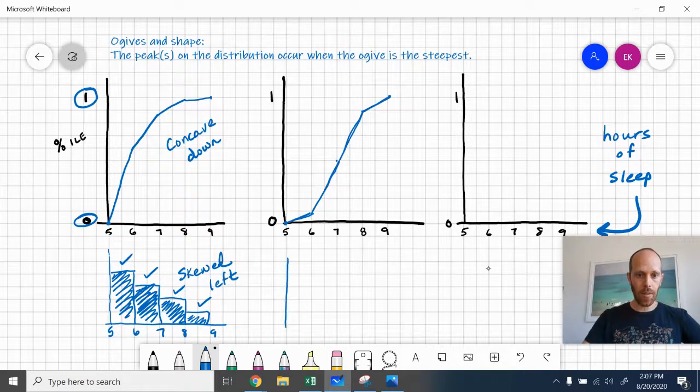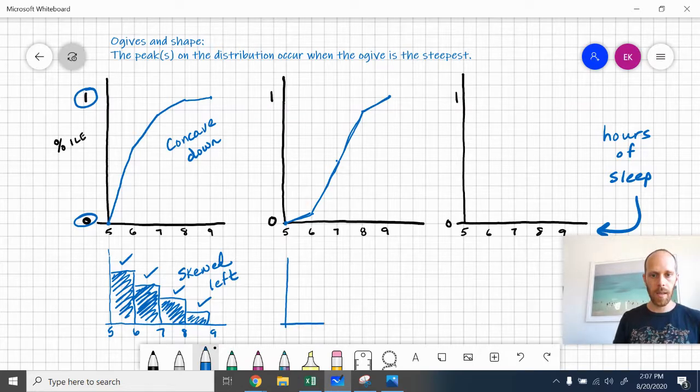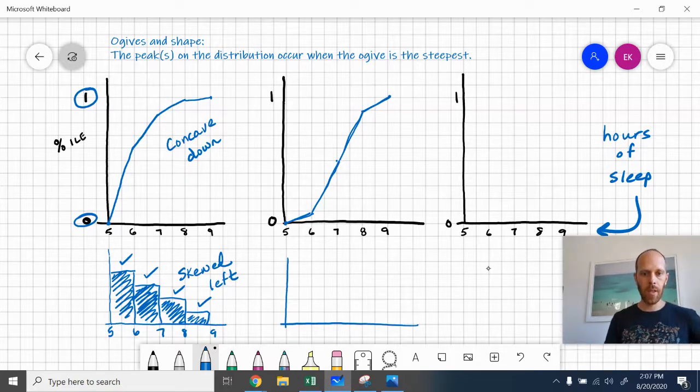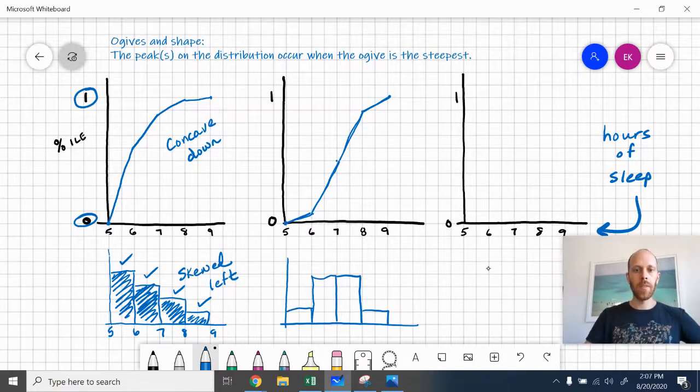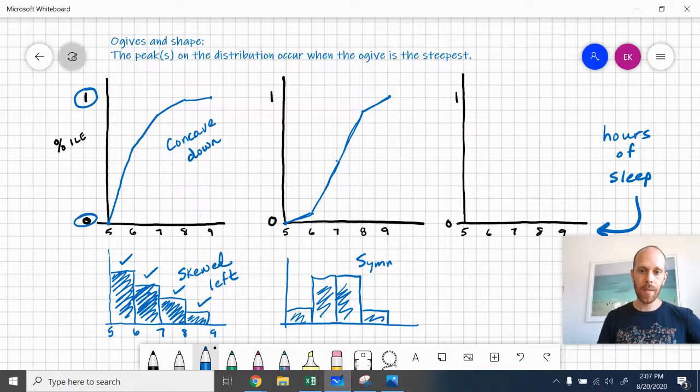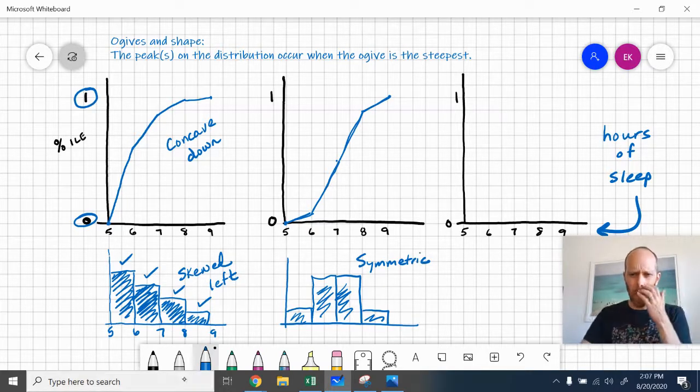Well, if you were asked to sketch a histogram of this, I'm going to have a small bin, followed by a tall bin, followed by a tall bin, followed by a small bin. Small, tall, tall, small. Okay. So a graph like this one is going to be symmetric. Let's try one more.